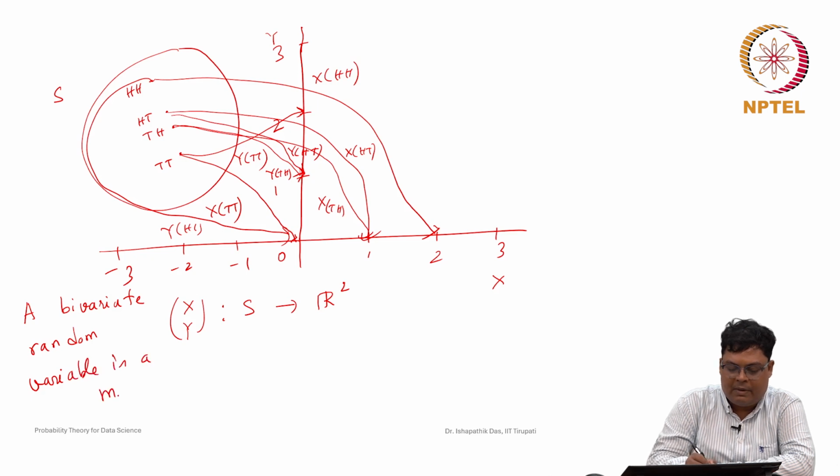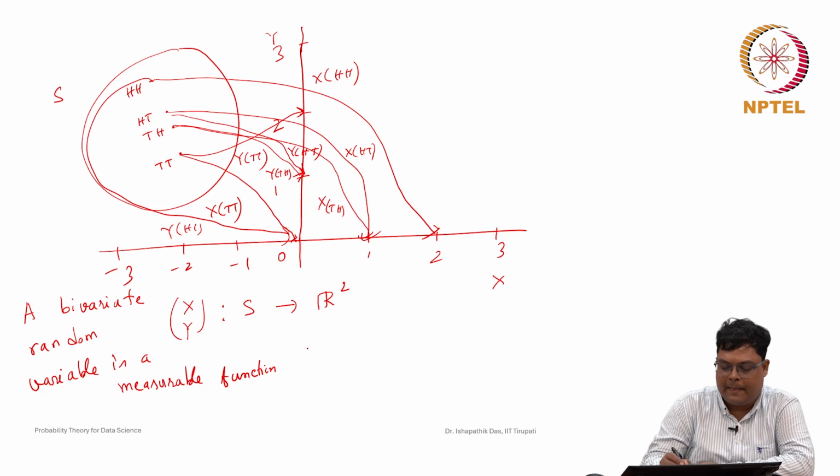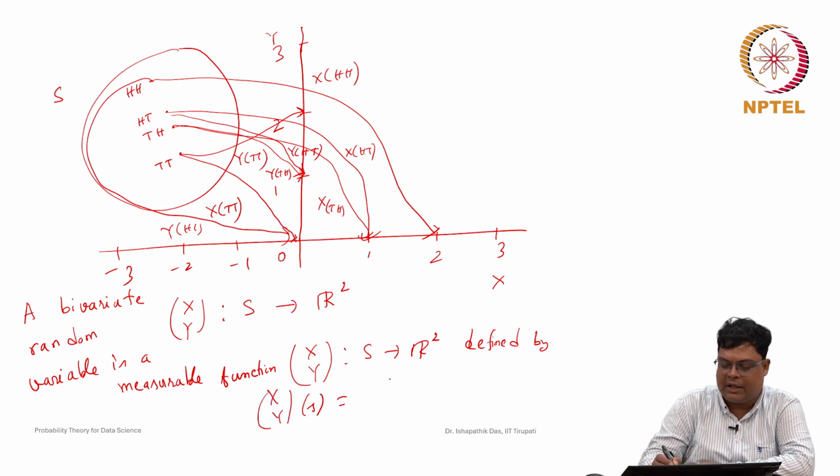A bivariate random variable is a measurable function (X, Y) from S to R2 defined by (X, Y)(s) = (X(s), Y(s)).